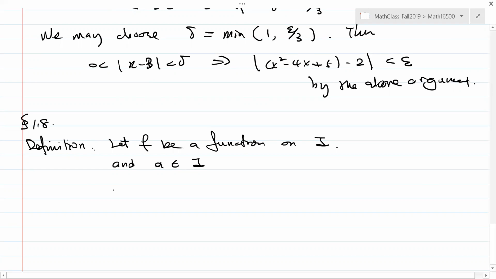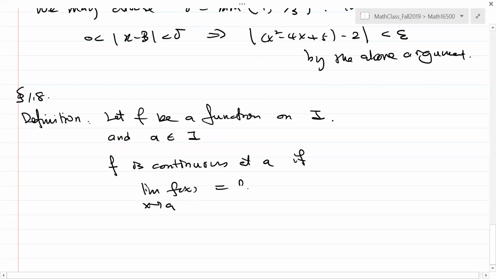Then we say that f is continuous at a if the limit of the function as x approaches a exists and equals the value f of a. Okay.